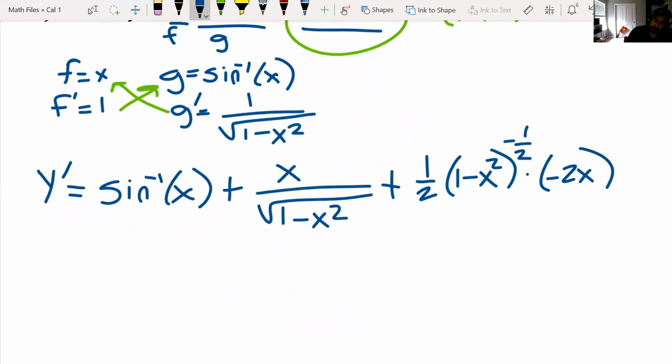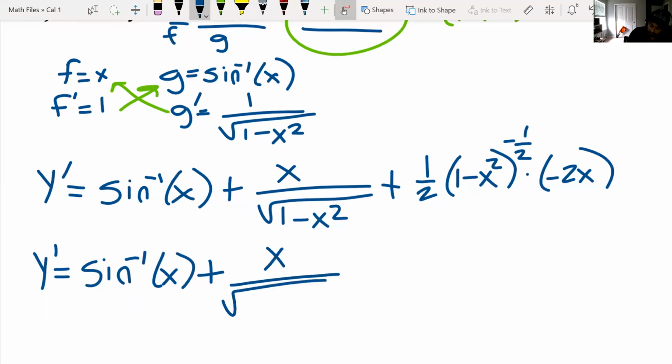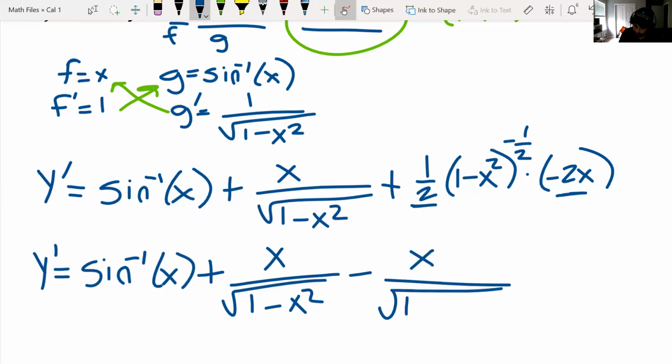You're going to be really mad at me for this answer. Y prime equals the inverse sine of x plus x over the square root of 1 minus x squared. Clean this up, negative 2x and 1/2. That gives me negative x over the square root of 1 minus x squared. Well, well, well, what do you see?